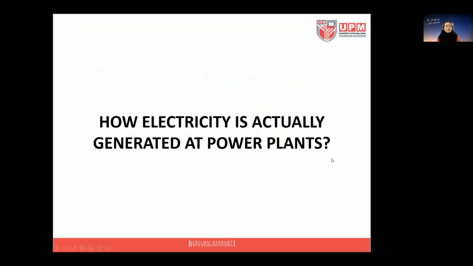So how is electricity actually generated at power plants? For the past few weeks, in all the lectures, we have been talking about generating power, generating electricity. We've looked at the renewable and non-renewable resources.